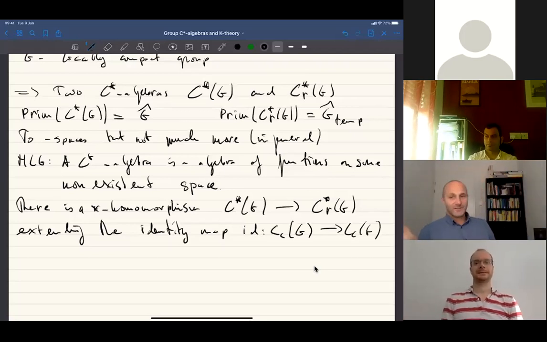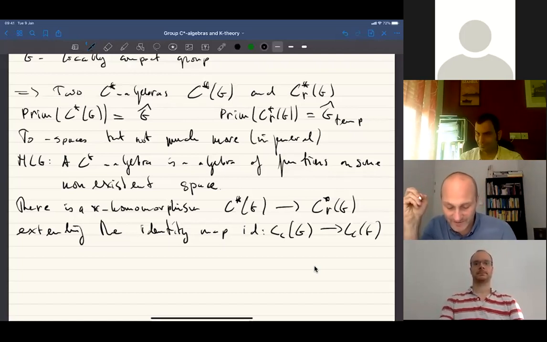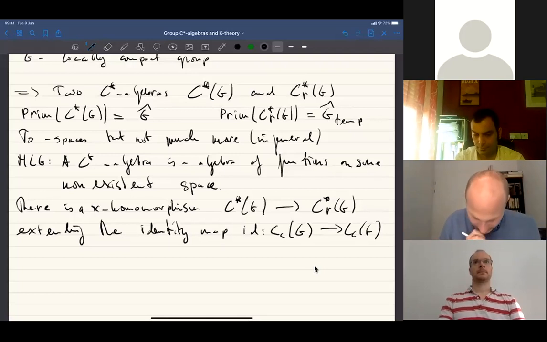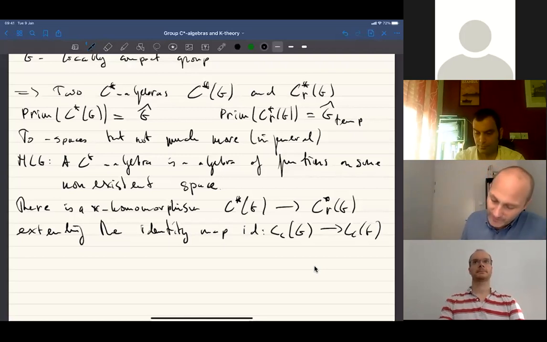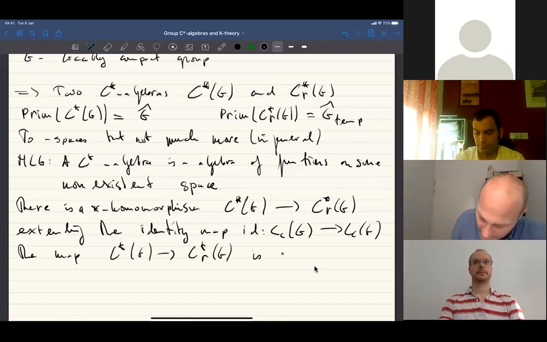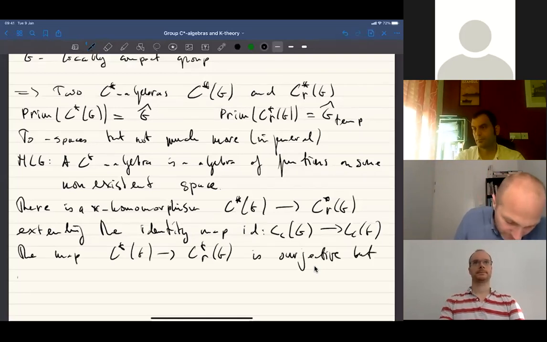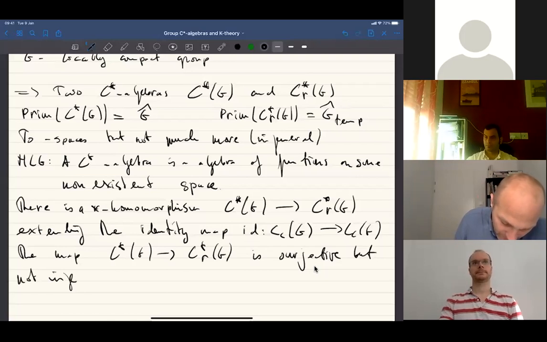So I take the identity on the compactly supported functions, and then I take these two completions, I get some map. I don't know if this map has a common name, but it doesn't really matter. So the map from C-star G to C-star reduced G is surjective, but not injective in general.